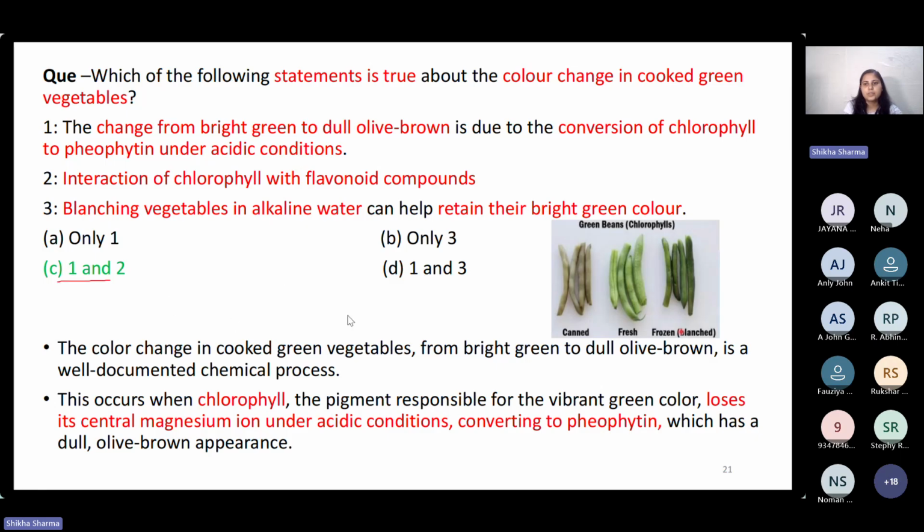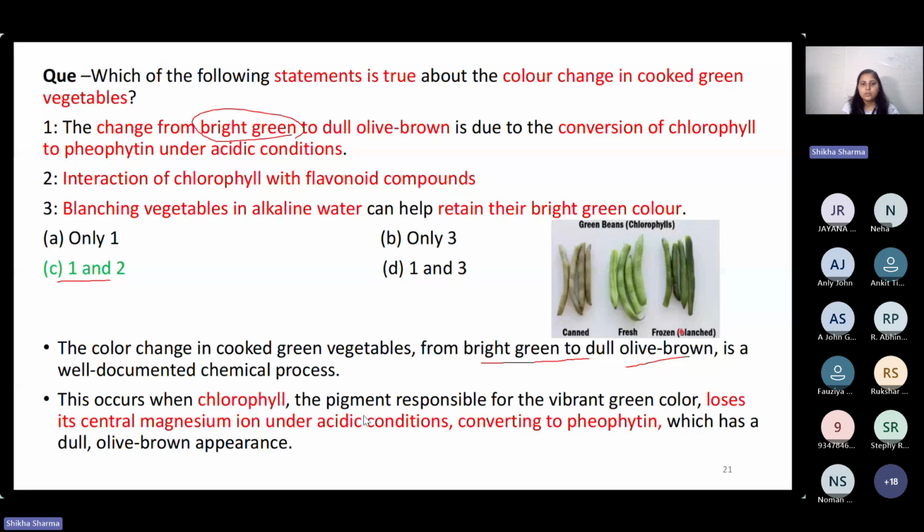Let's understand this question well. The color change in cooked green vegetables, from bright green to dull olive brown, is due to different chemical reactions. Basically, the bright green color is because of the chlorophyll present.